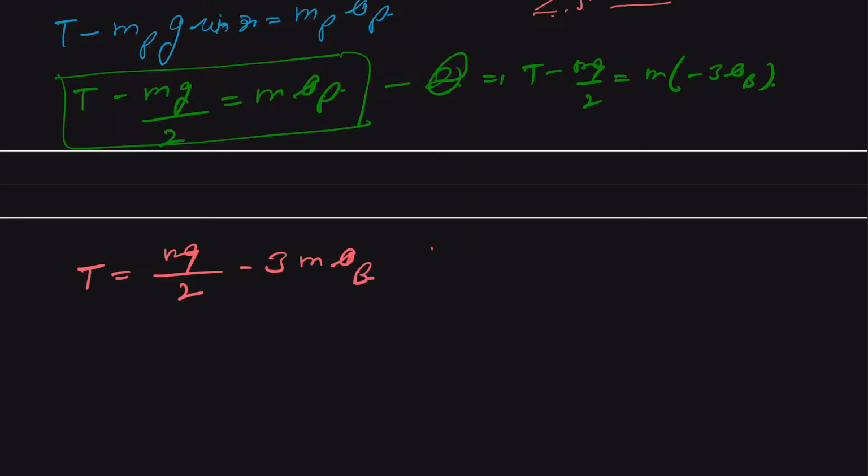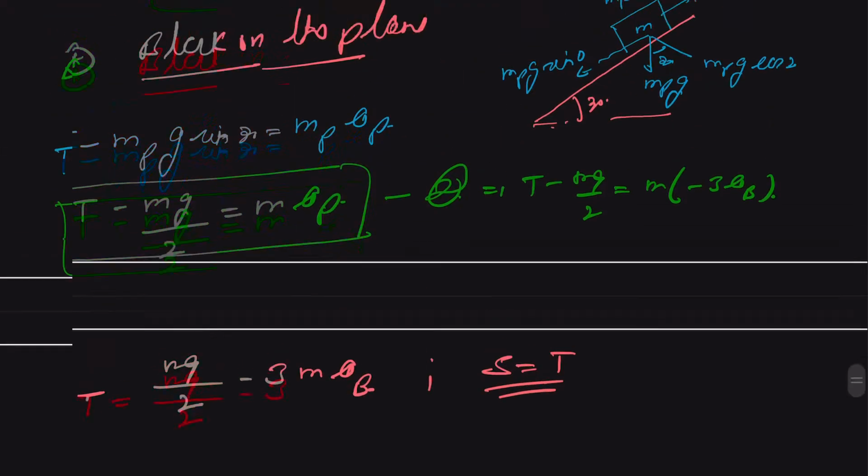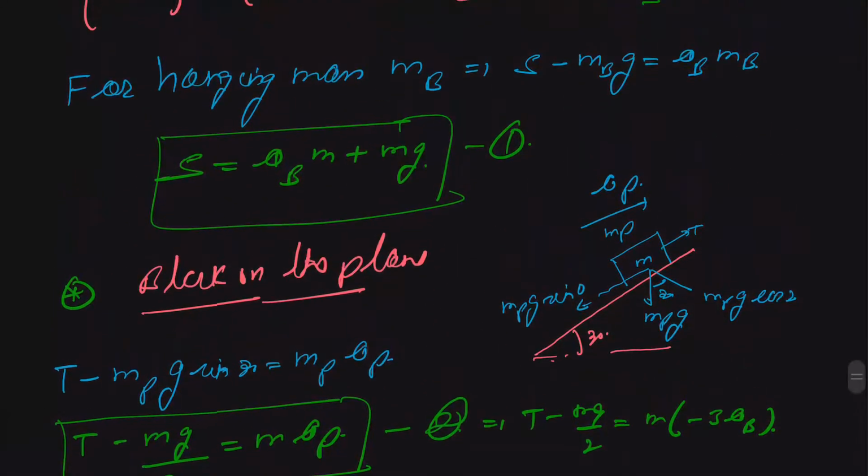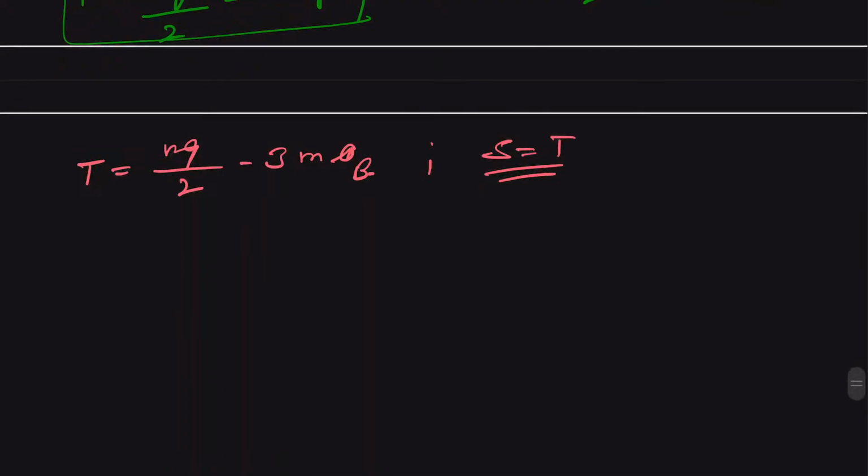But we know that our S is equal to T. We have already proved this relationship. Okay. Therefore we can say, and another, so from equation 1, let me write it here.